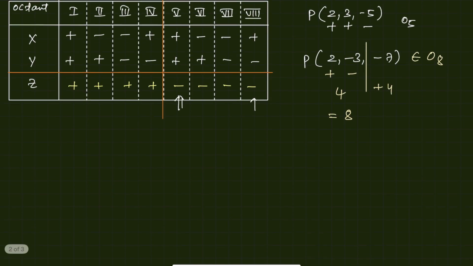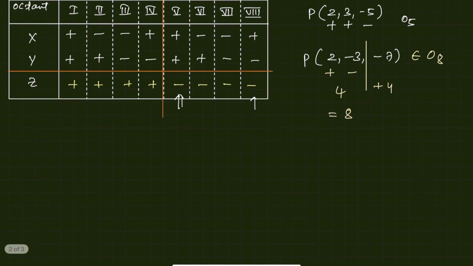Let's take one more example. If the point P is 2 comma minus 3 comma 4, how to find the address of this point? Follow the same procedure. You divide the point P into two parts. First you name the quadrant. So x is positive and y is negative, it belongs to the fourth quadrant, so it is 4.